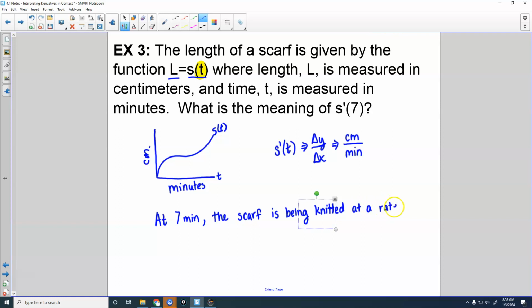This is the rate. Derivatives give you a rate of change, right? At the rate of S prime of 7 centimeters per minute.